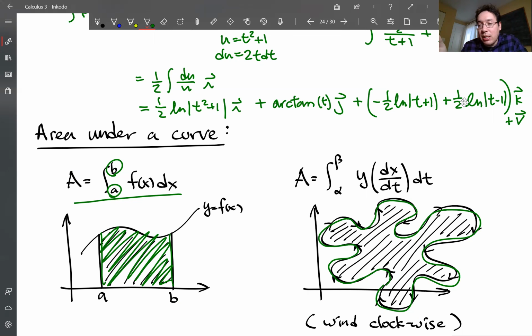In the parametric setting, you're integrating with respect to t, not with respect to x. So you're plugging in the starting time and ending time of the parametric curve. So maybe it starts at any particular point, and then goes and traces a region, and then comes back to the same point at some t value beta. So we're integrating from t equals alpha to t equals beta.